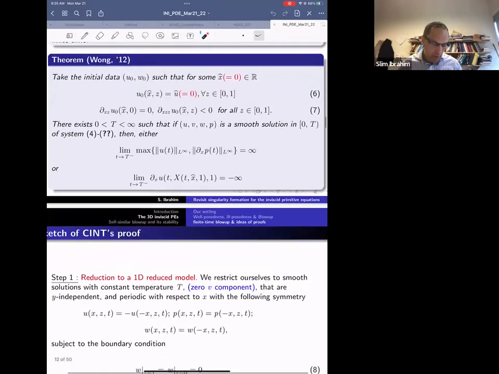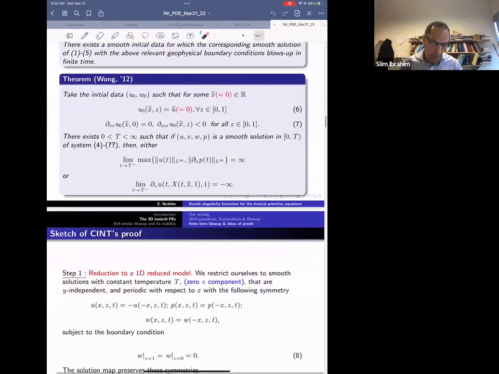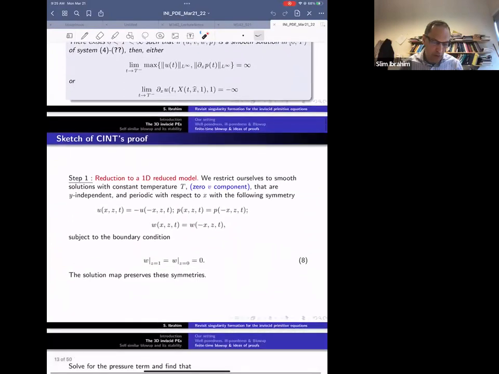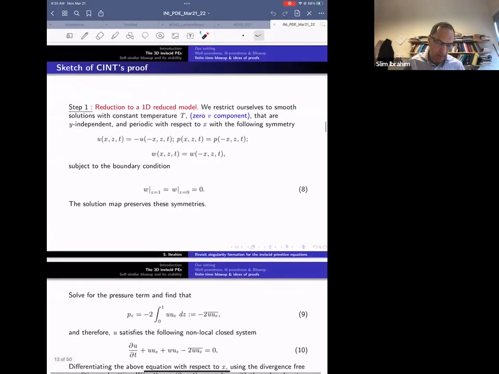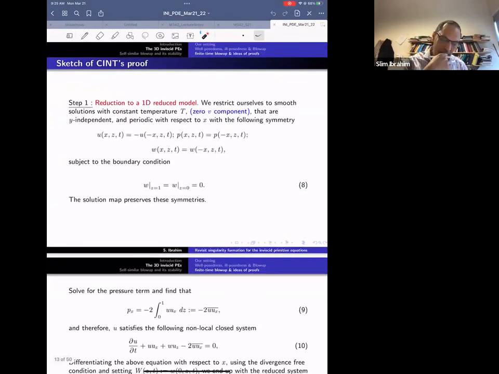Okay, so let me sketch the proofs of these two results and then give some comments. The first step, in my result with Tsao, Nakanishi, and Titi: we started with the 3D or 2D primitive equation, and we worked in a class of symmetries of solutions.